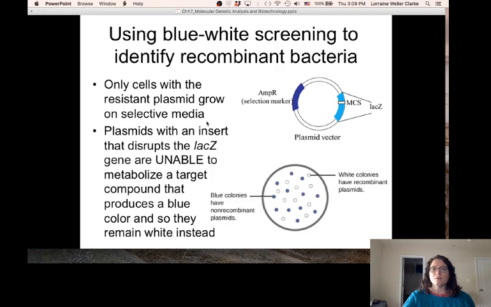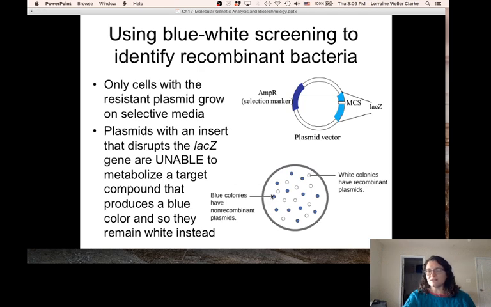Plasmids that have an insert disrupt the lacZ gene. Note that it would insert here and break up the lacZ gene, and instead of reading a full lacZ gene, you're going to have it read an incomplete, wrong lacZ gene. So now it can't metabolize a target compound that produces the blue color. A working lacZ would be able to metabolize that target compound.